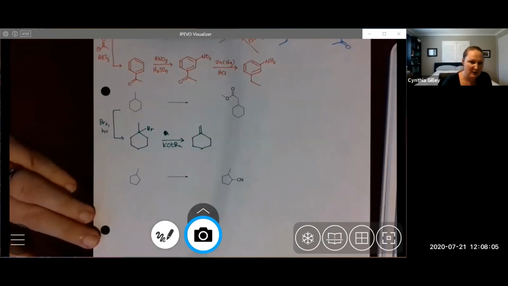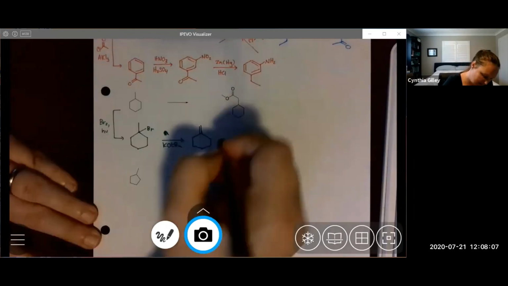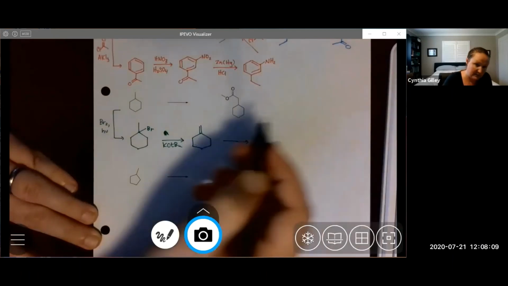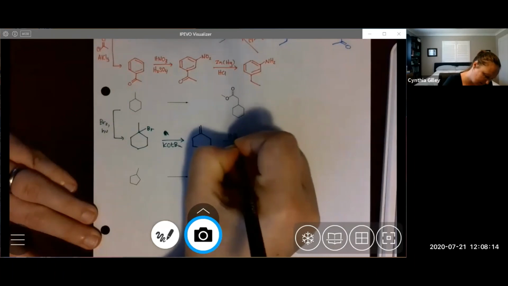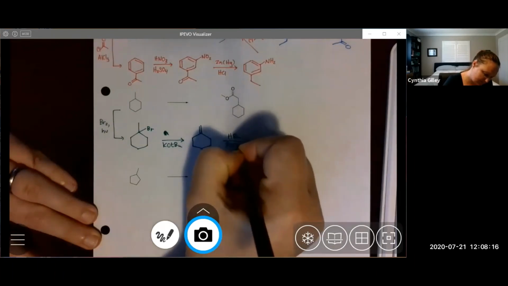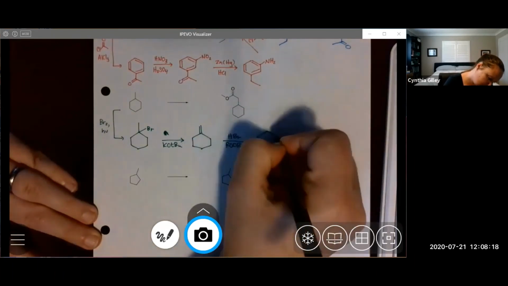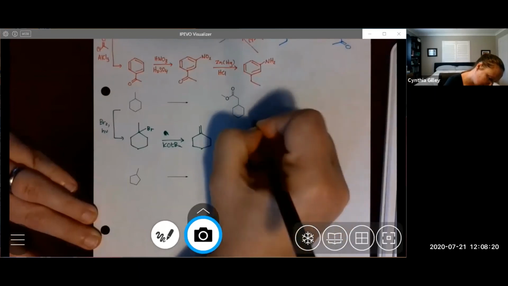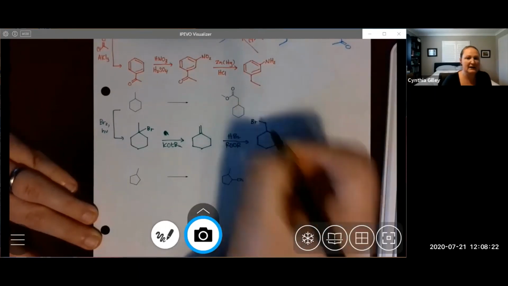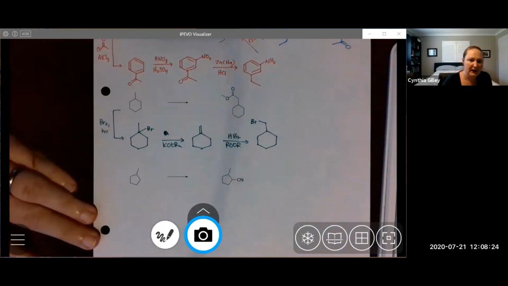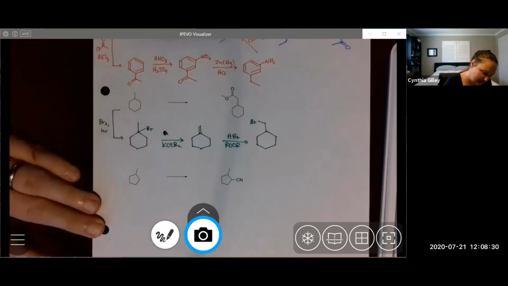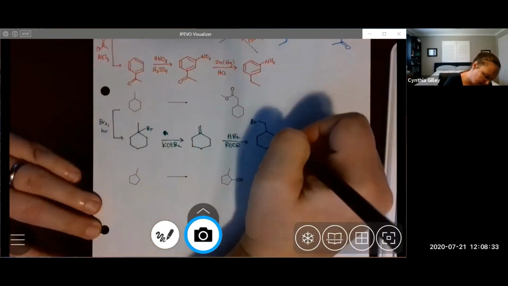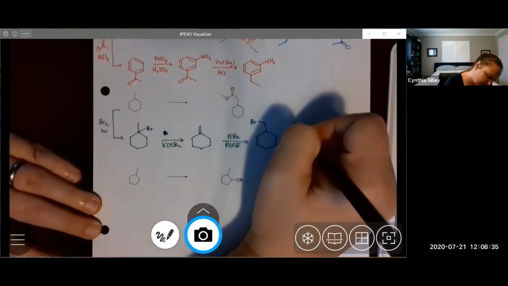And now we can introduce a group, and we could possibly make this through a Grignard reaction. So I'm thinking to introduce a halogen. That would give us a useful functionality at that carbon. And in this case, you could use the Grignard or the sodium cyanide method, doesn't matter. I think I'll just use a Grignard.